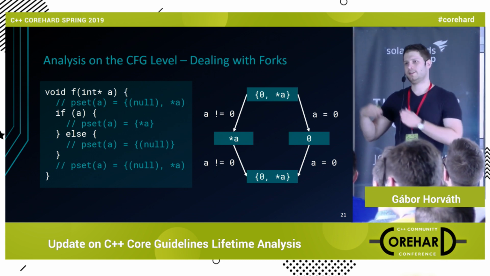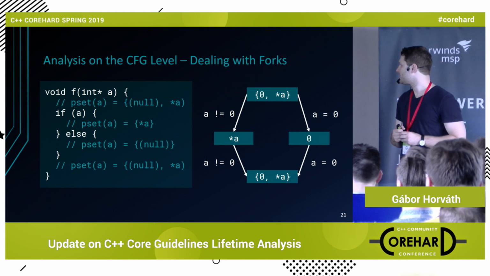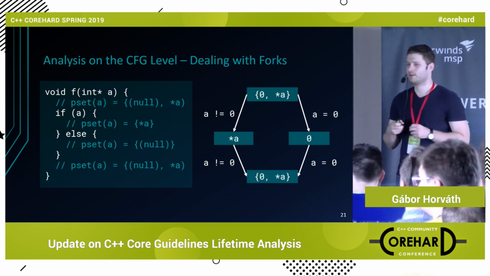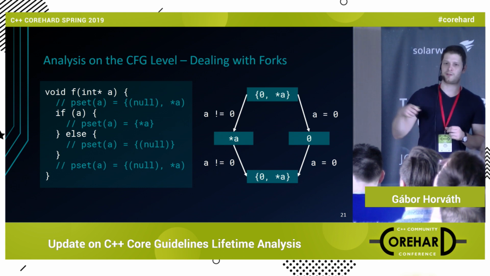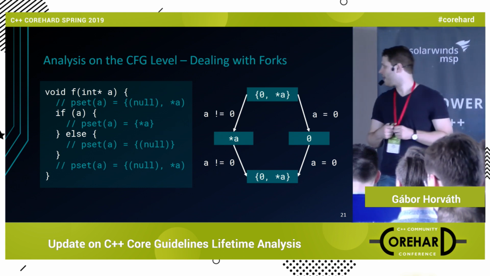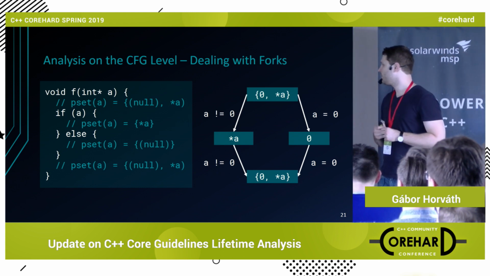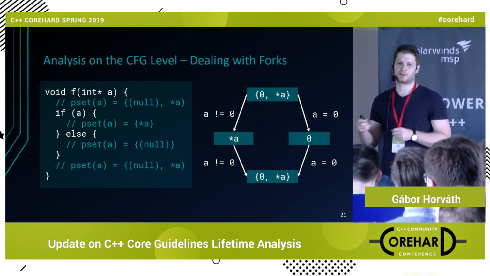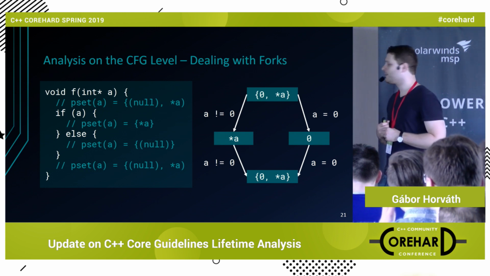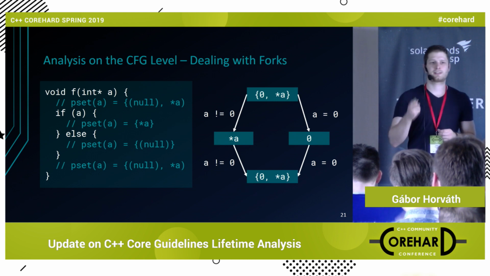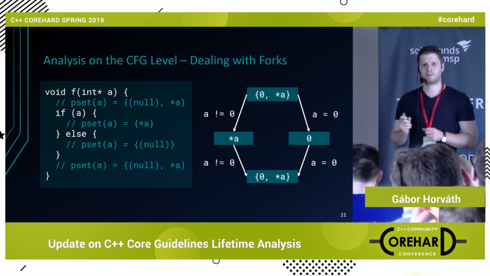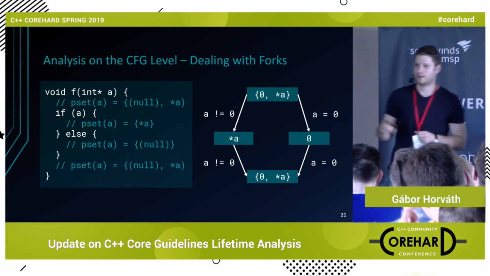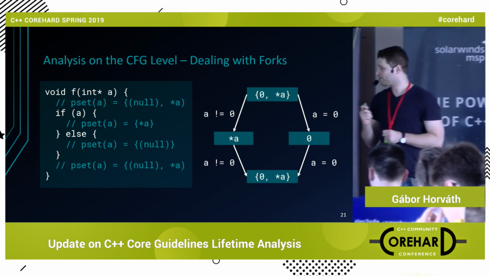So to the then branch of this if statement, we will propagate the set that only contains the deref of a, and to the else branch we will only propagate the points-to set null. So this way the analysis will know that it is safe to dereference the pointer a within the then branch, but it is unsafe to do so in the else branch.